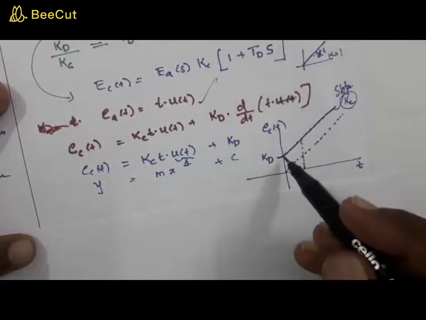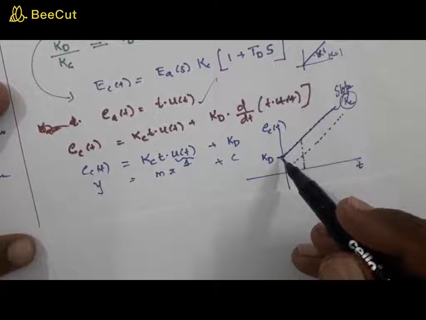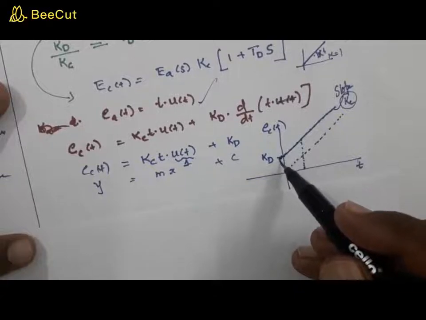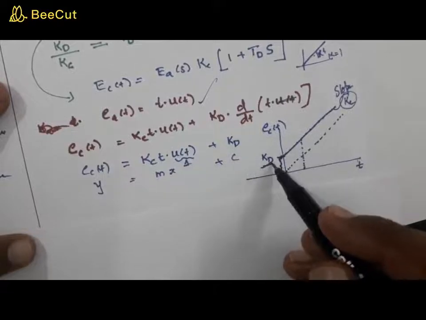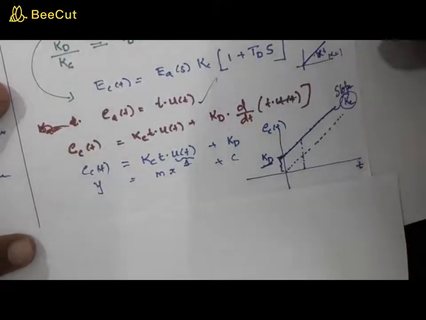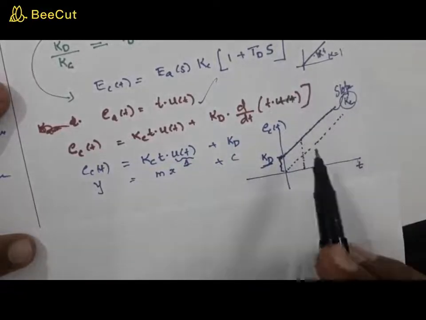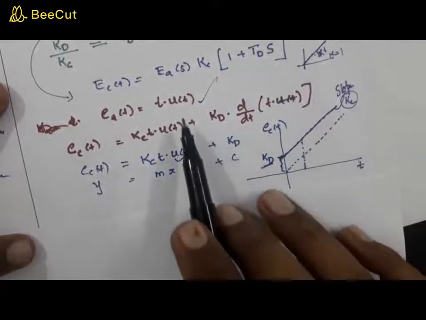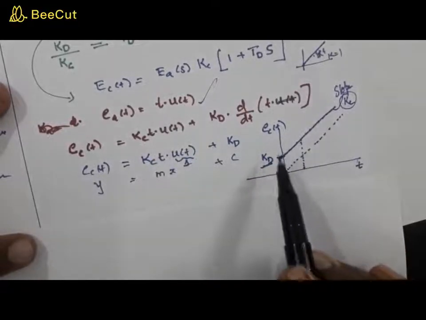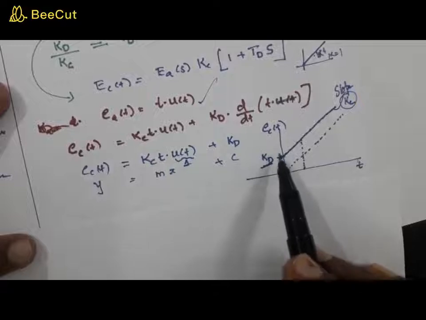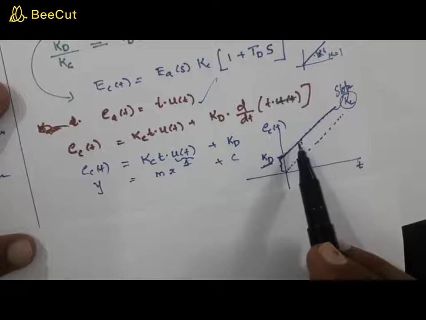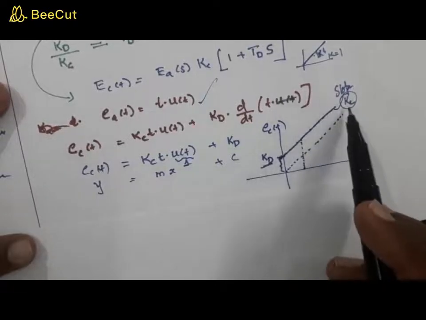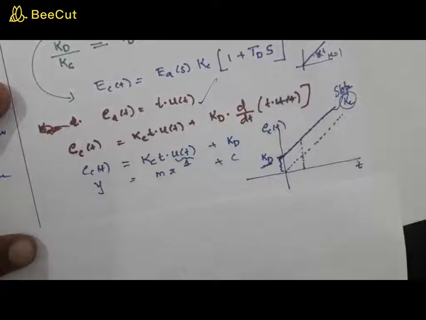At t is equal to 0 there is always an offset of Kd, which is the parameter of the derivative controller. Because of this, the error signal has been shifted by Kd, the derivative controller gain, and not only that, its slope has been changed from unity to Kc.